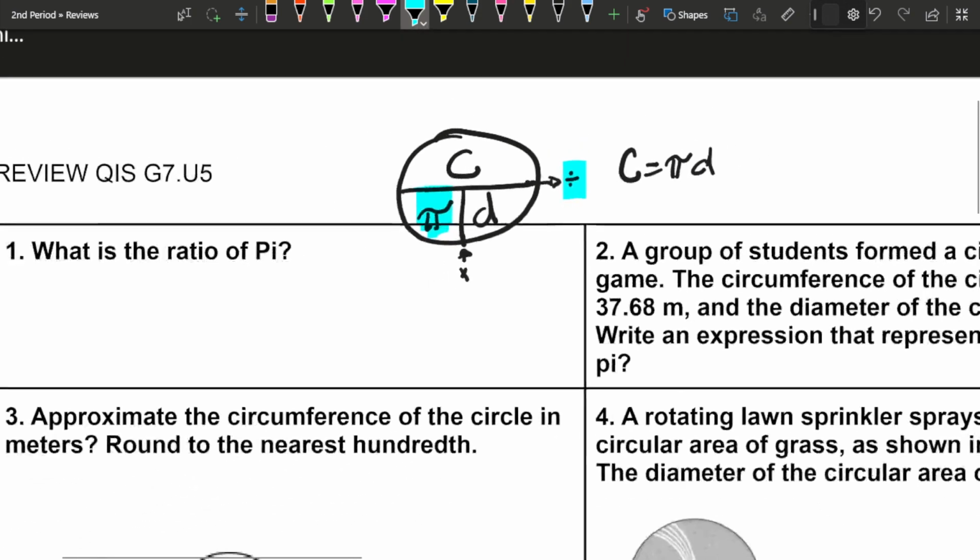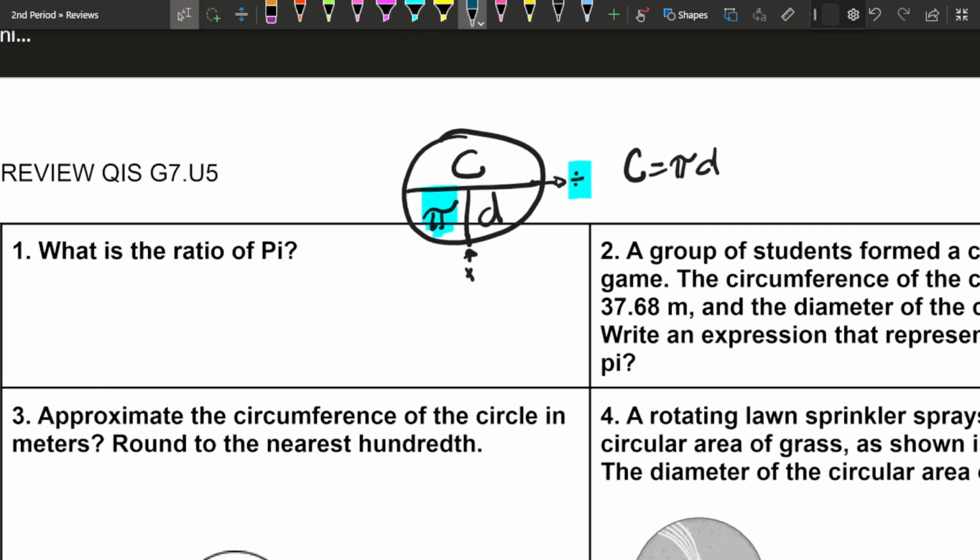So that's the ratio. So the ratio of pi equals circumference divided by diameter. And that's it. Remember, you just cover what they're asking and write it from the circle anchor chart formula that you can see right here. Any questions about this one?